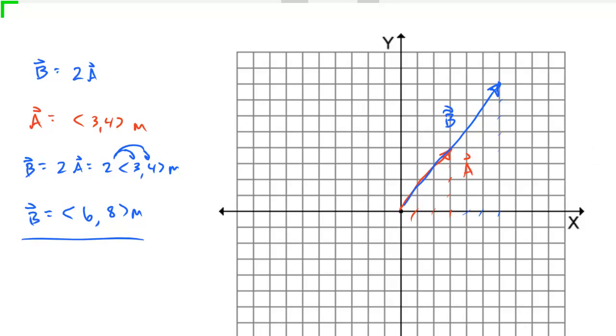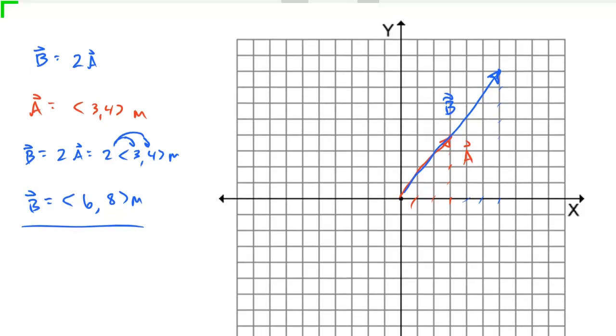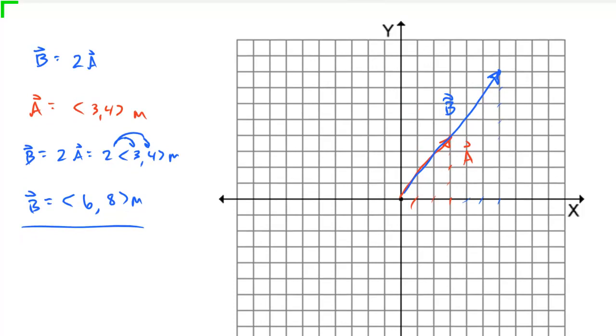We can also multiply a vector by a negative, in which case, let's say again we have vector A that was 3, 4, and we wanted to find a new vector, vector C. And C happens to be the negative of vector A. So this is going to be distributing a negative, and here it's going to be -3, -4 meters.